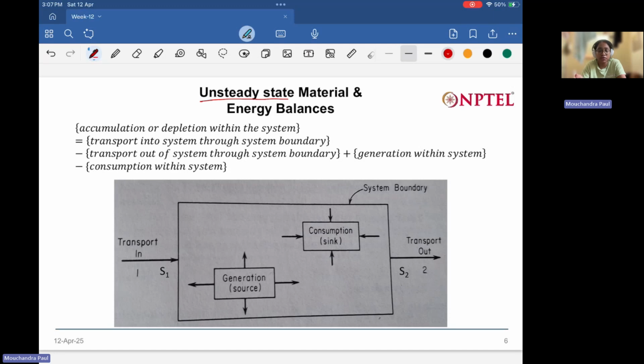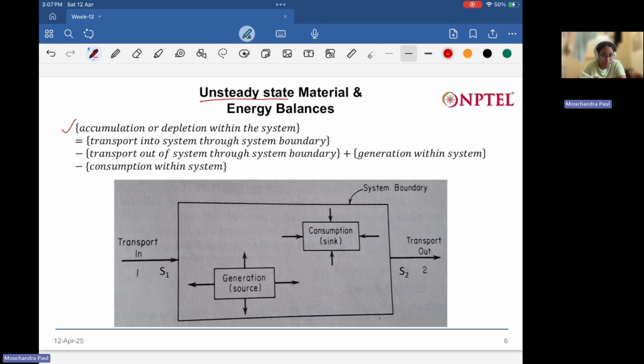But when we are saying unsteady state, that means time is an important variable here, and that has to be taken into account. So let's first recall the general material balance equation.